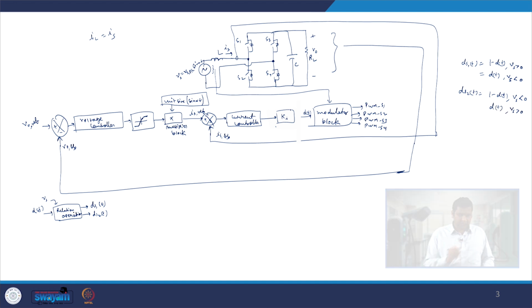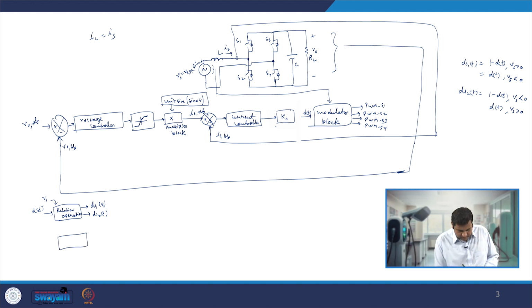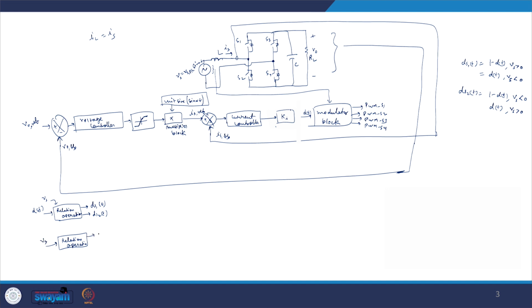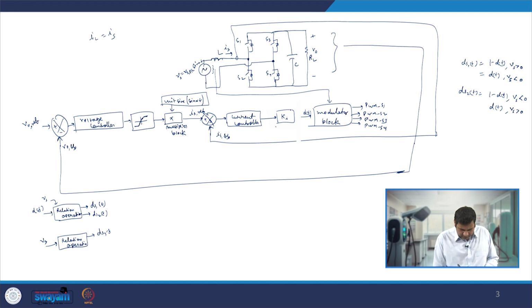So for that purpose we can use this particular block, and for generating the PWM for S3 and S4 you can again take the relational operation. You can take Vs and then generate dS3 of t and dS4 of t.